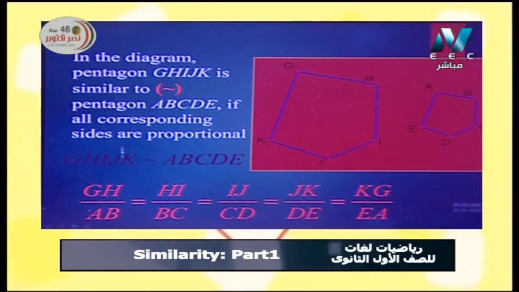We can arrange them when we see their names: GH over AB equals HI over BC equals IJ over CD equals GK over DE, and the first with the last, GK over AE.